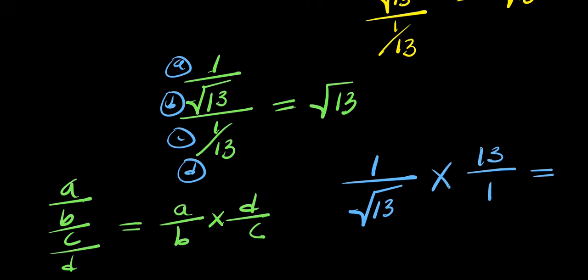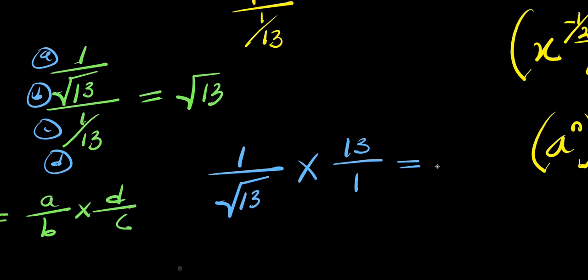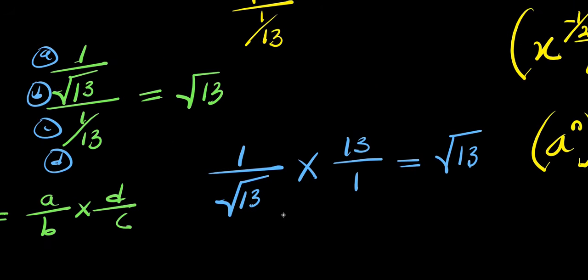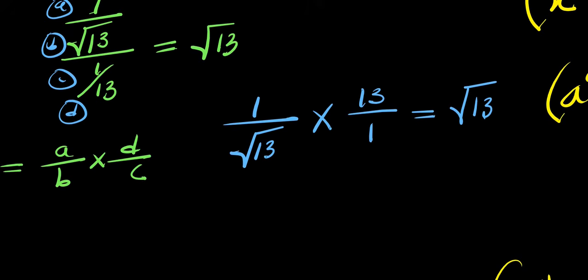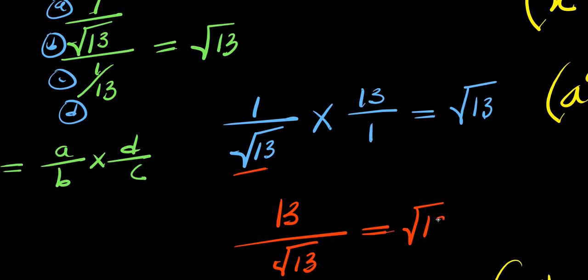This equals the square root of 13. So from here, I will simply have 1 times 13. That is 13 divided by root 13 times 1. Root 13, and this equals root 13.